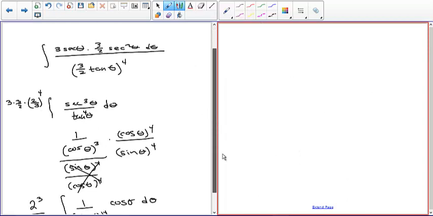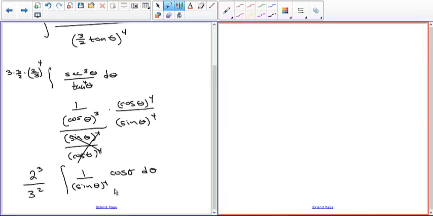So now the question is, can I solve this? And the answer is yes. You let u equal the sine of theta and du equal the cosine of theta d theta. So we have to use u substitution. In this case, it's something we would have been able to do back in chapter 4, because we don't have to use any trig identities.